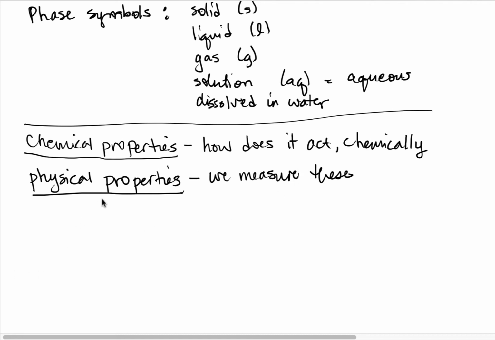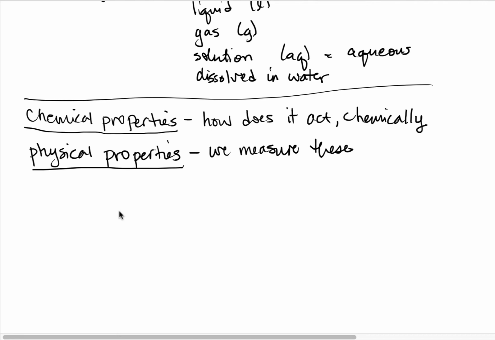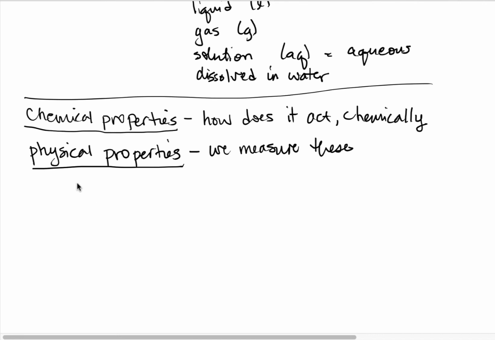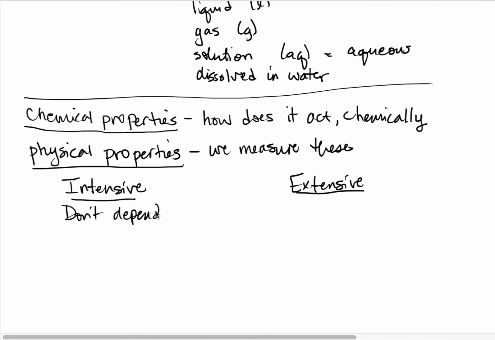So when we classify physical properties, we typically will divide these into intensive versus extensive properties. Intensive properties don't depend on sample size, like temperature.